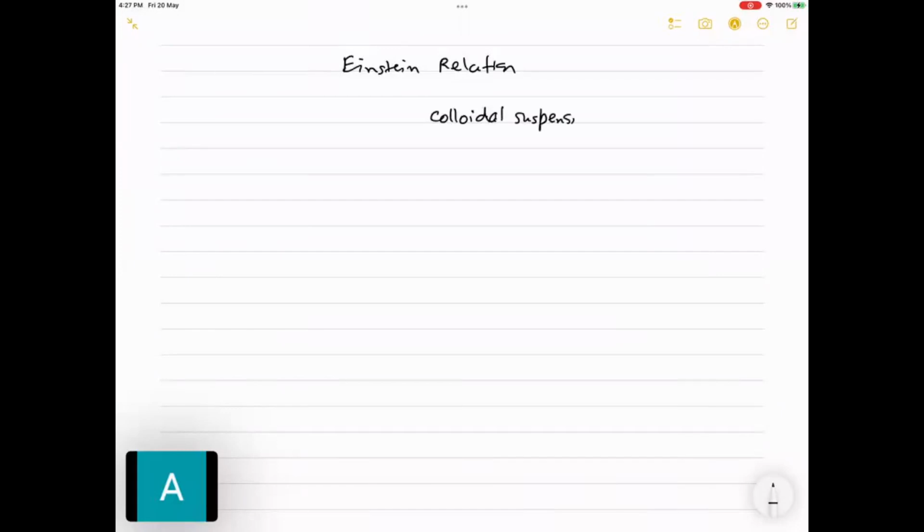What is the property of colloidal suspension? Milk is one of the best examples of colloidal suspension or solution, right? Why? What is the property of colloidal suspension?